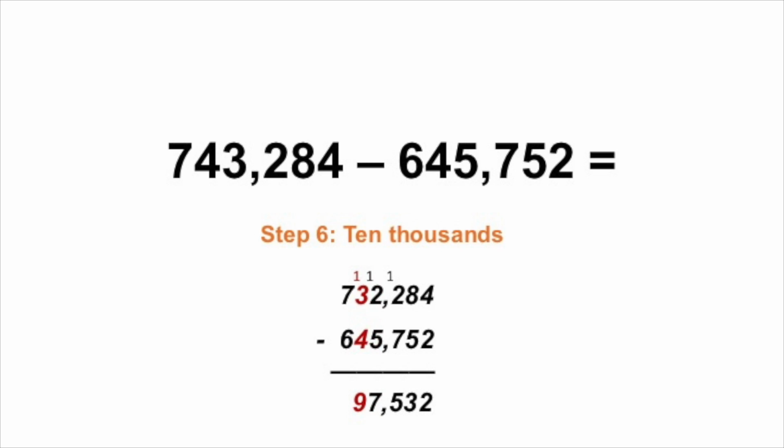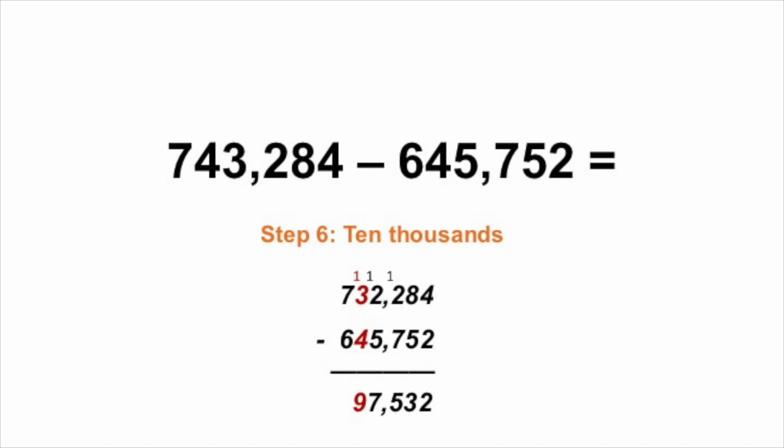But then the 4 in the 10,000s column becomes 3. So 3 minus 4, we can't do. We need to borrow. So 3 becomes 13. And 13 minus 4 equals 9.